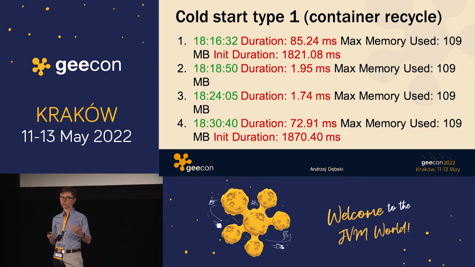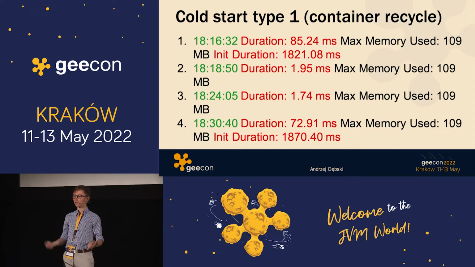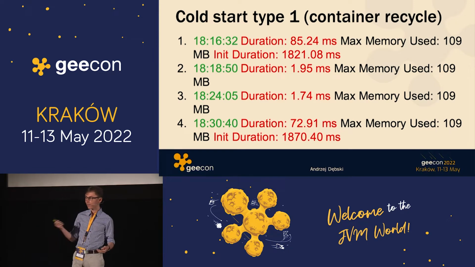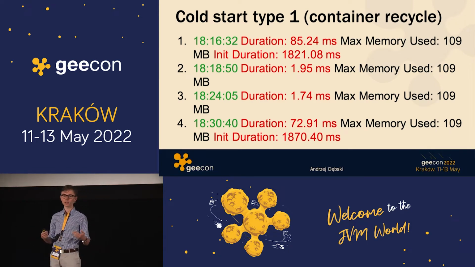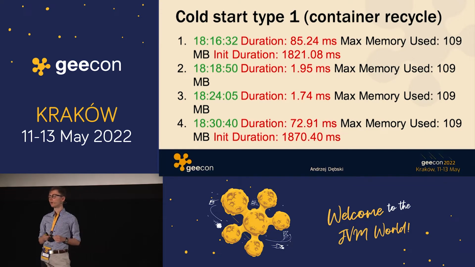But around 15 minutes after the original request, I did another request. And now, again, we see the duration going up, 72 milliseconds. And again, the init duration is reported, which means that Lambda decided to throw away the container that was already warm, quote unquote, and create a new one to handle the request.